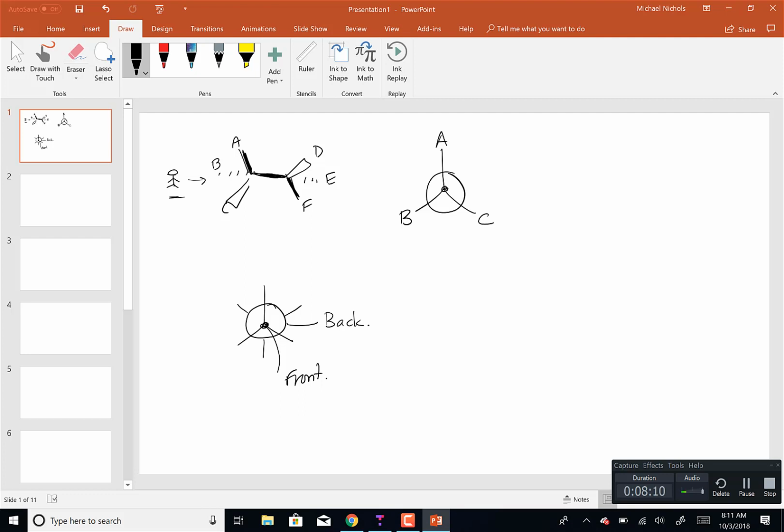So what you can see is that the top carbon there, this and this and this are A, B, and C respectively. So that's what I see when I'm over here. That's my view.